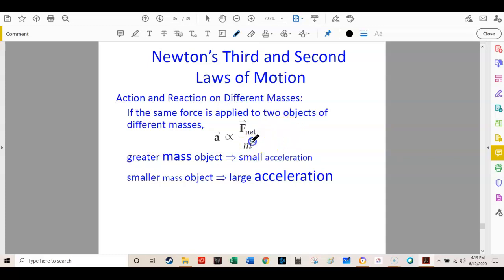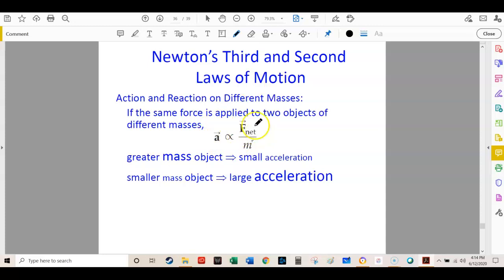Okay, so what this first part is saying is if you have a greater mass, you're going to have a smaller acceleration as long as the forces are equal. Here, you have a smaller mass, your mass goes down, your acceleration is going to go up, right? So we're going to be applying this to Newton's third law, okay?